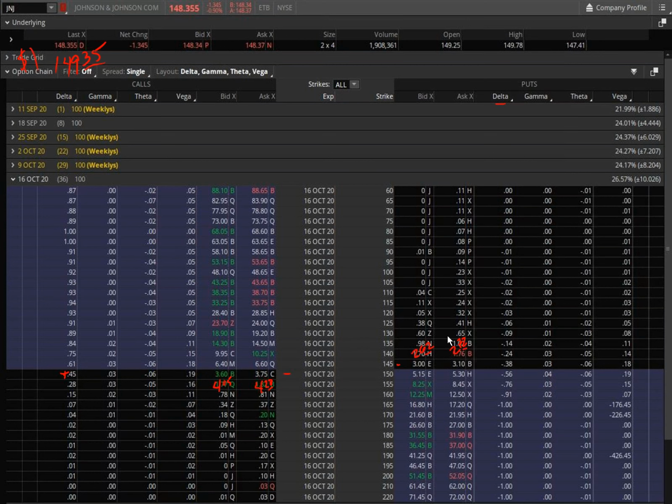Okay, so they would decrease by that corresponding delta. Pretty simple so far. Vice versa, if it went down by $1, right? Think about it this way: if we went down by $1, a negative dollar plus a positive delta would make those calls a negative delta, so that premium would have decreased by the corresponding delta. And on the flip side, we've got a negative delta, and if we move down by $1, a negative plus a negative makes that a positive. So if the market moved down, obviously, then the delta would add into those premiums.